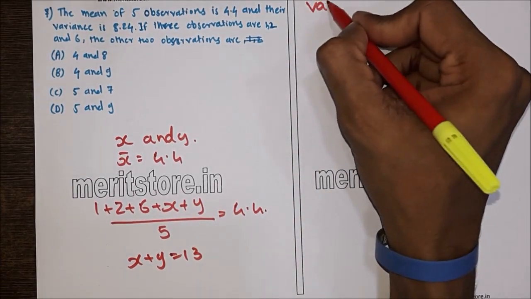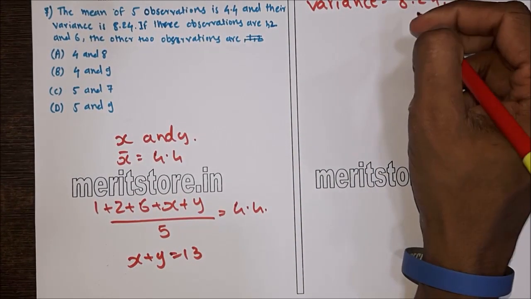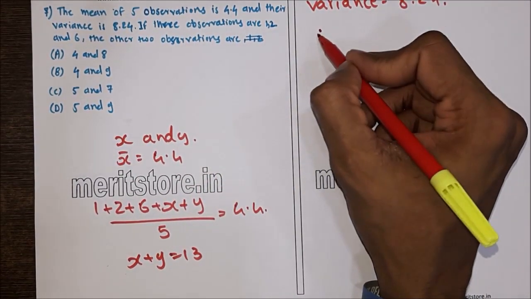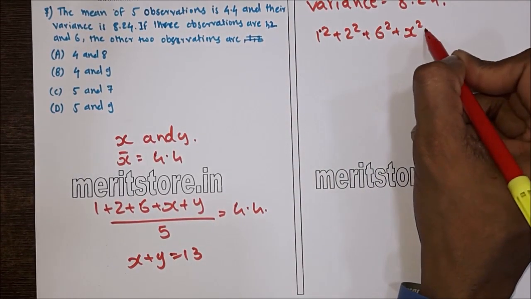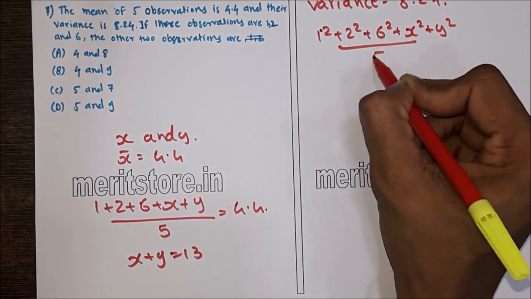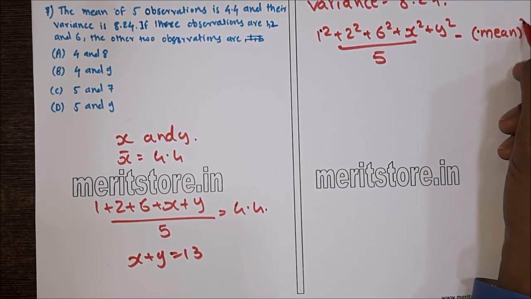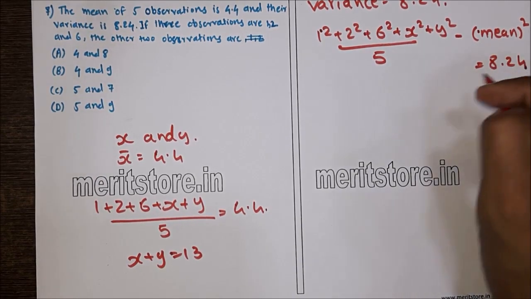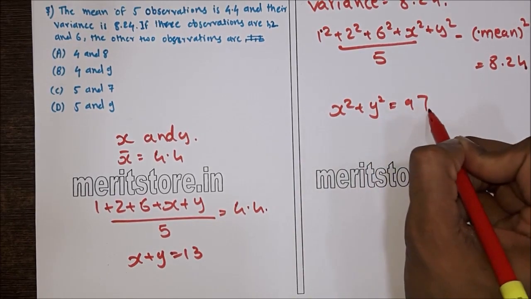When we solve this, we get X plus Y equal to 13. Variance is given as 8.24. So we can write 1 square plus 2 square plus 6 square plus X square plus Y square upon 5 minus the mean, the whole square, which is equal to 8.24. Further solving this, we get X square plus Y square equal to 97.